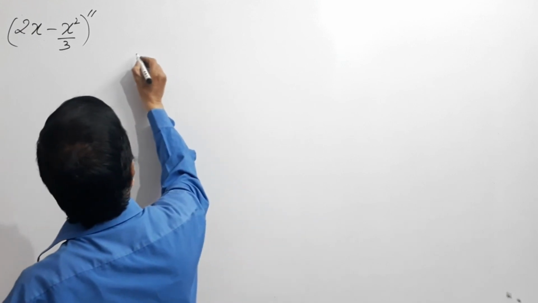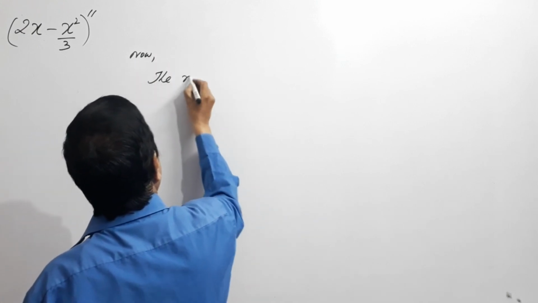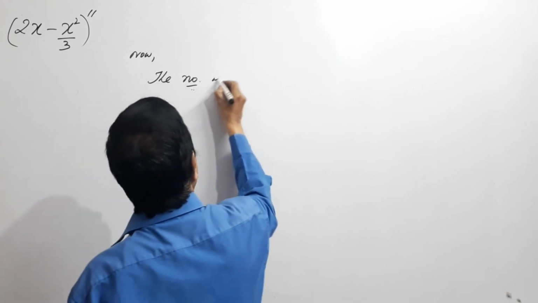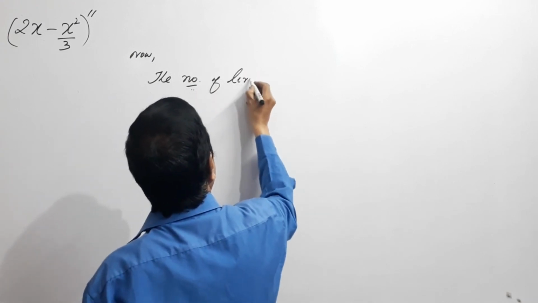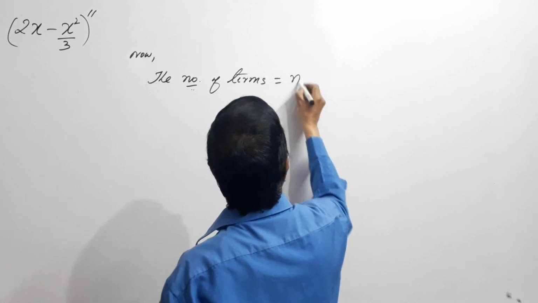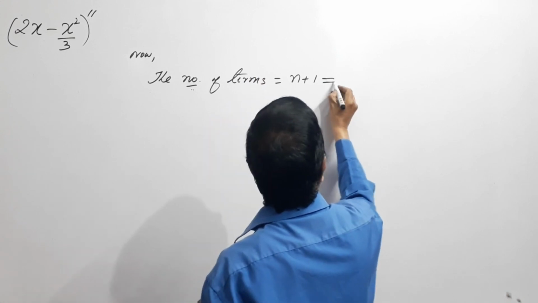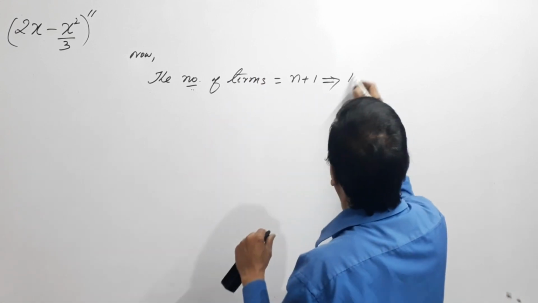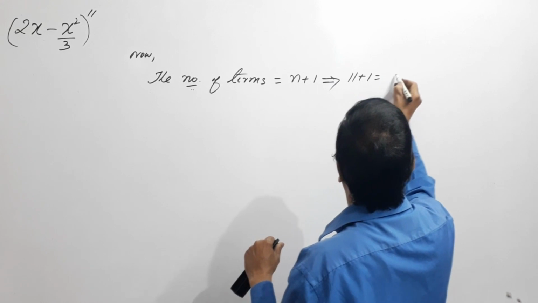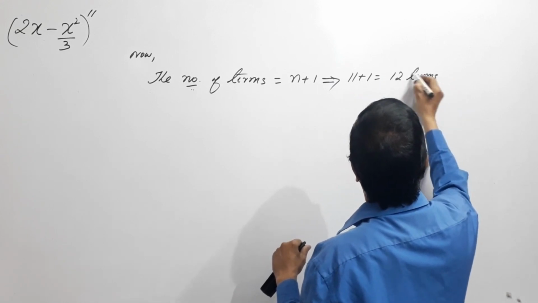The number of terms equals n plus 1, that is, n is 11 plus 1 equals 12 terms.